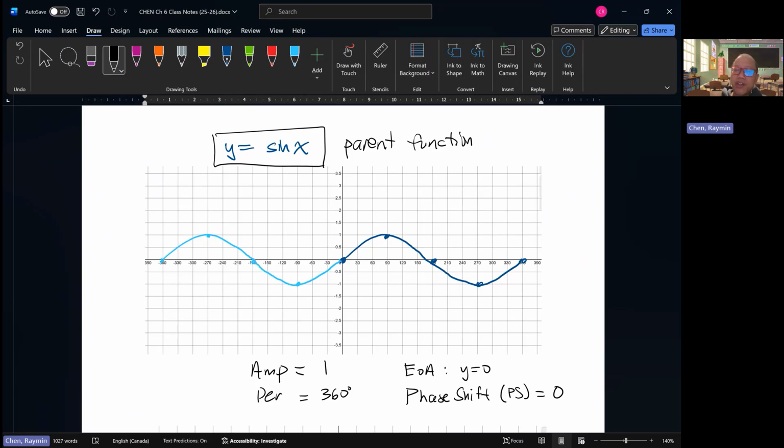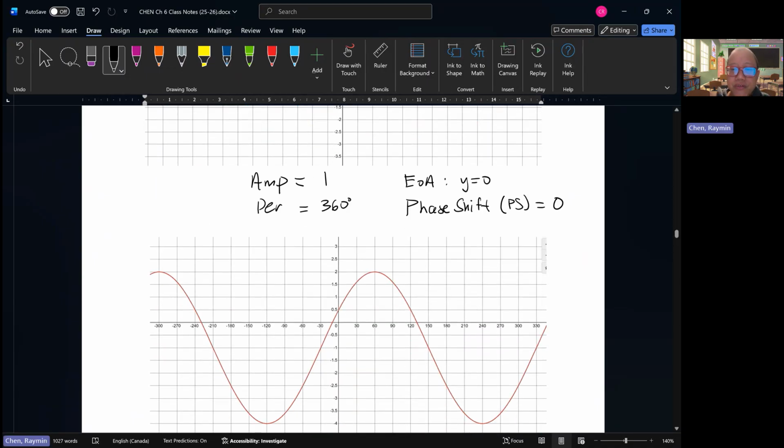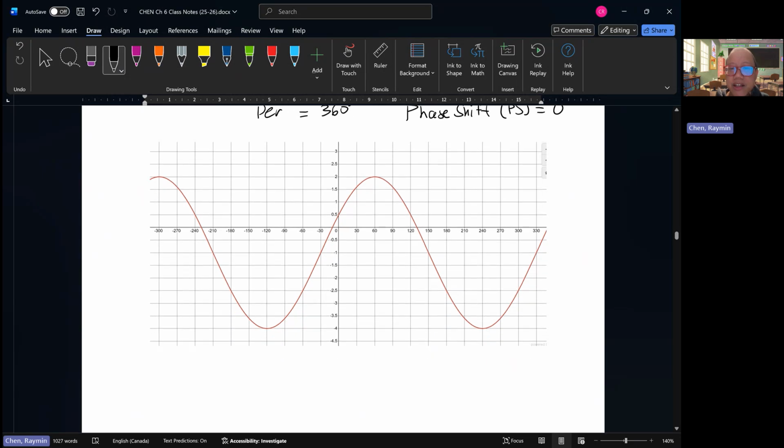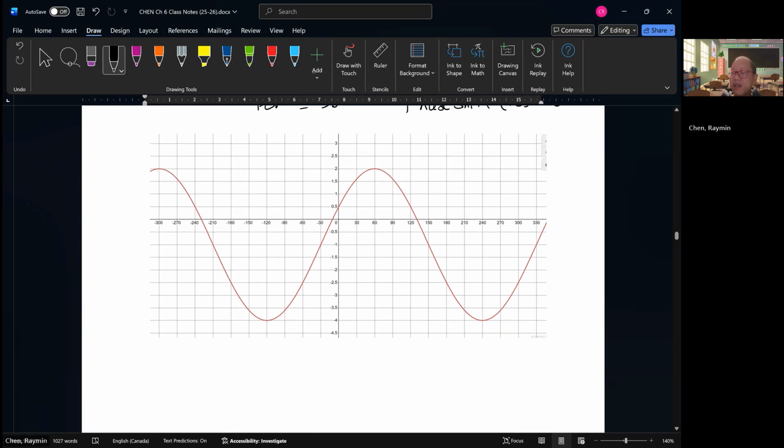So I wanted to see if you could do our next analysis. Basically, I want to give you the graph, because you've been practicing, hopefully, how to graph these sine functions. Feel free to pause the video as you're looking at this. I just did this in Desmos, and many of you can analyze this with no problem.